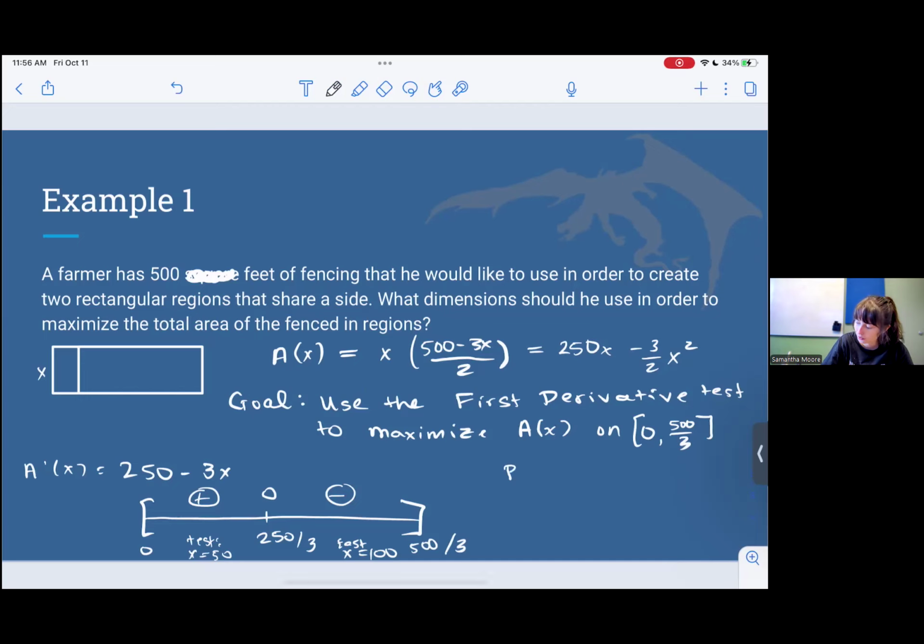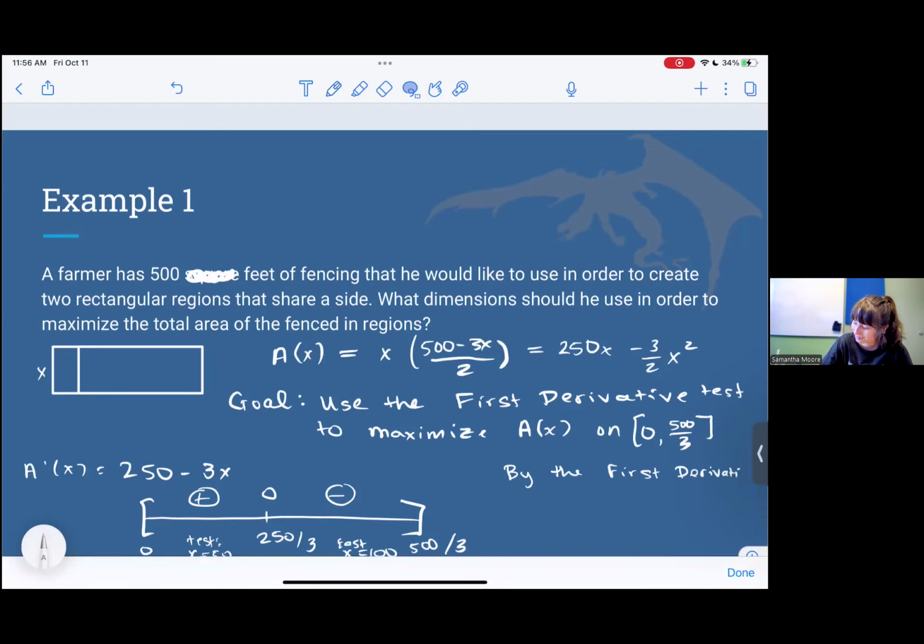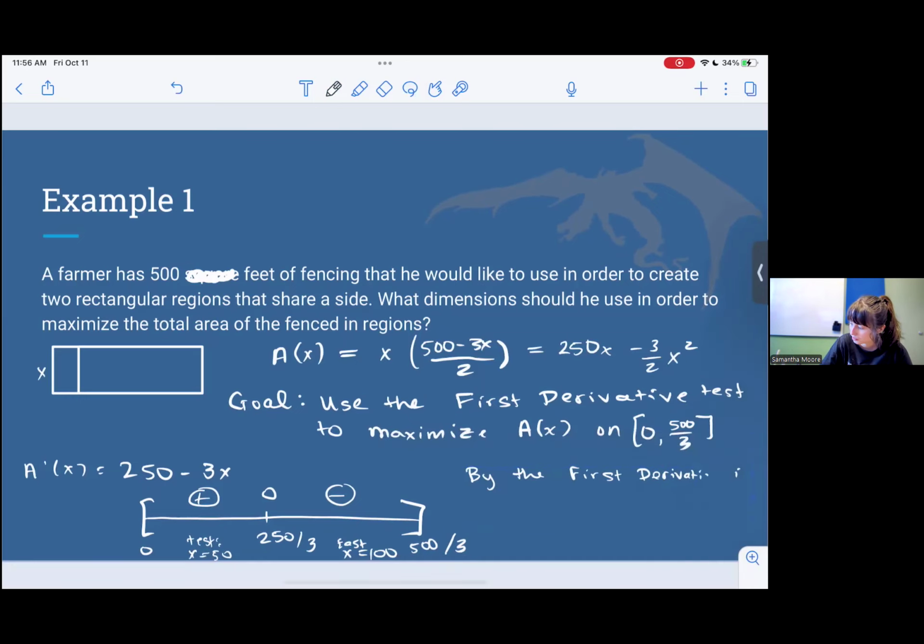So by the first derivative test, X equals 250 over 3 is going to be a relative max.